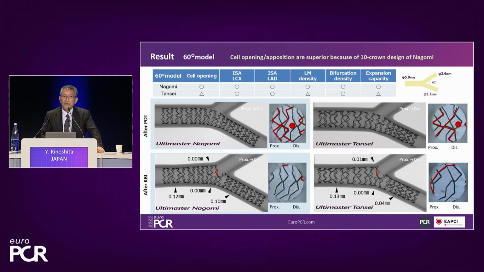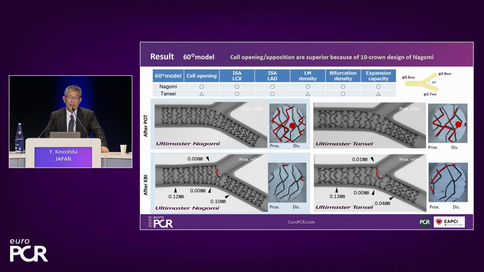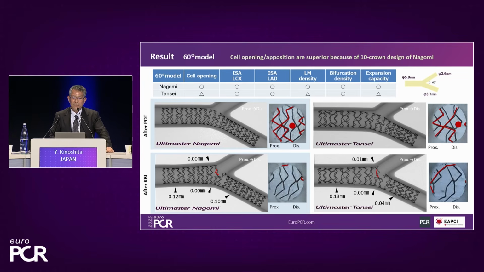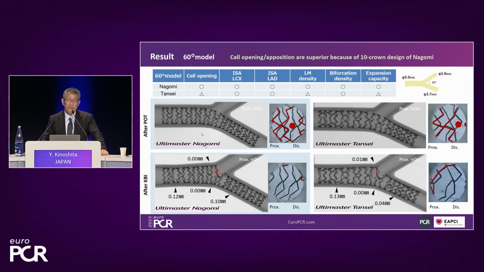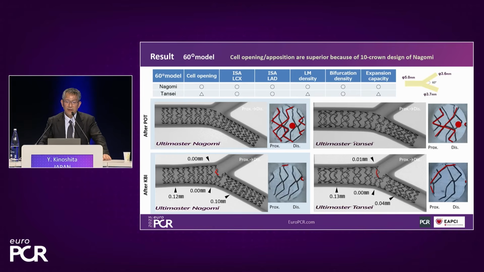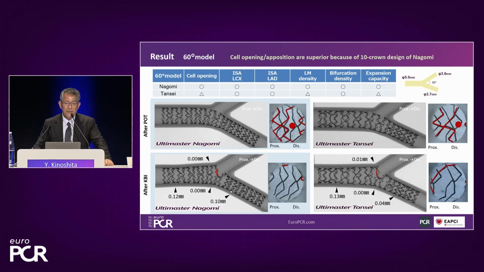As you can see from the real clinical cases today, the Ultimaster Nagomi is very suitable for the bifurcation region. In this 60 degrees model, the upper left side is the Ultimaster Nagomi and this is the Ultimaster Tansei.